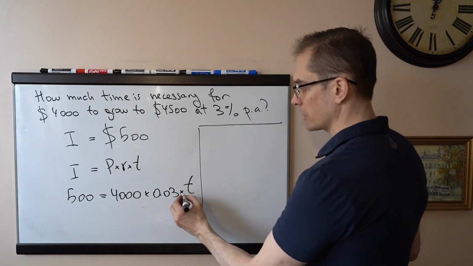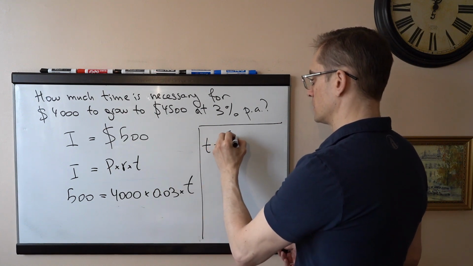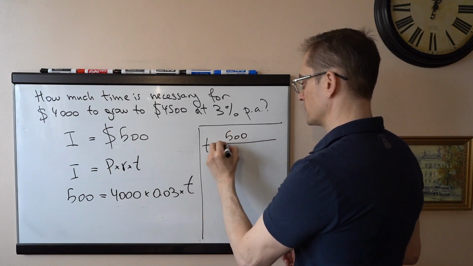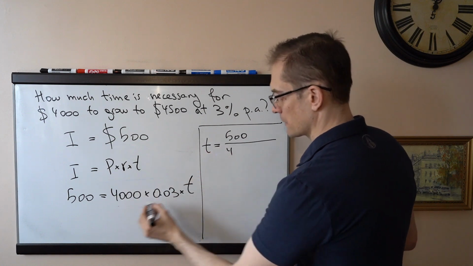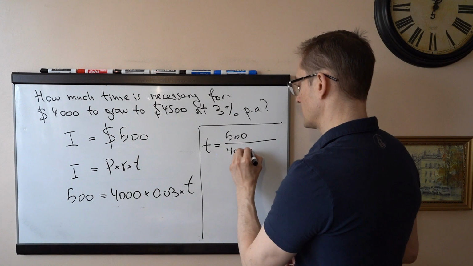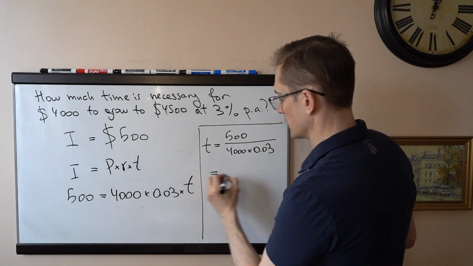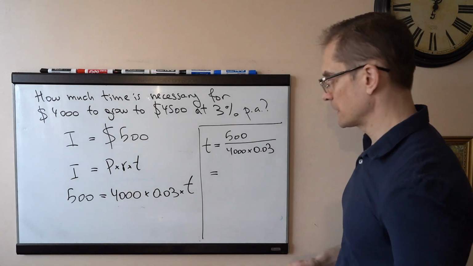Okay, so now you can find this t by taking your 500 and dividing by this amount, which is 4,000 times 0.03. Okay, so let's calculate this.